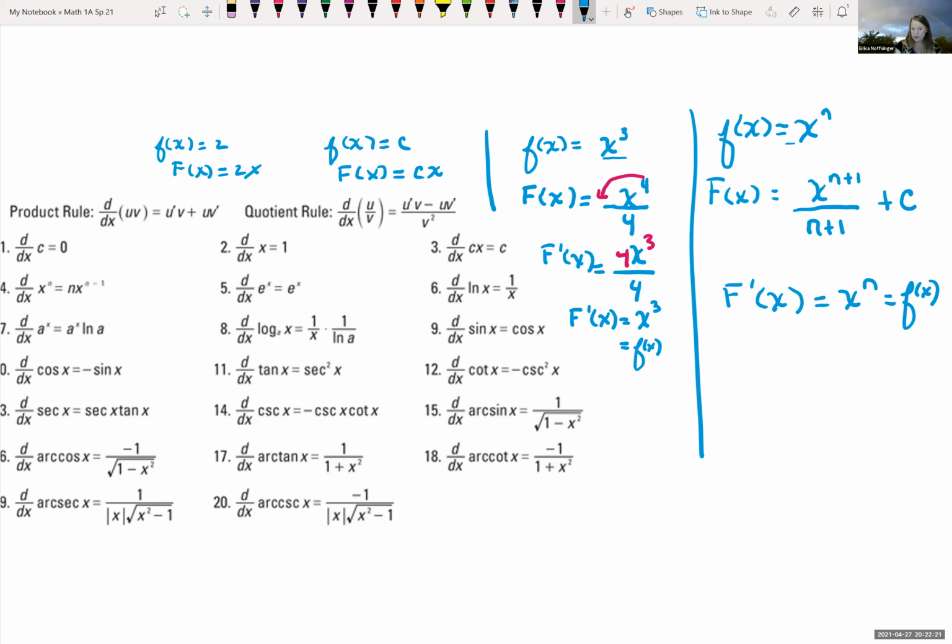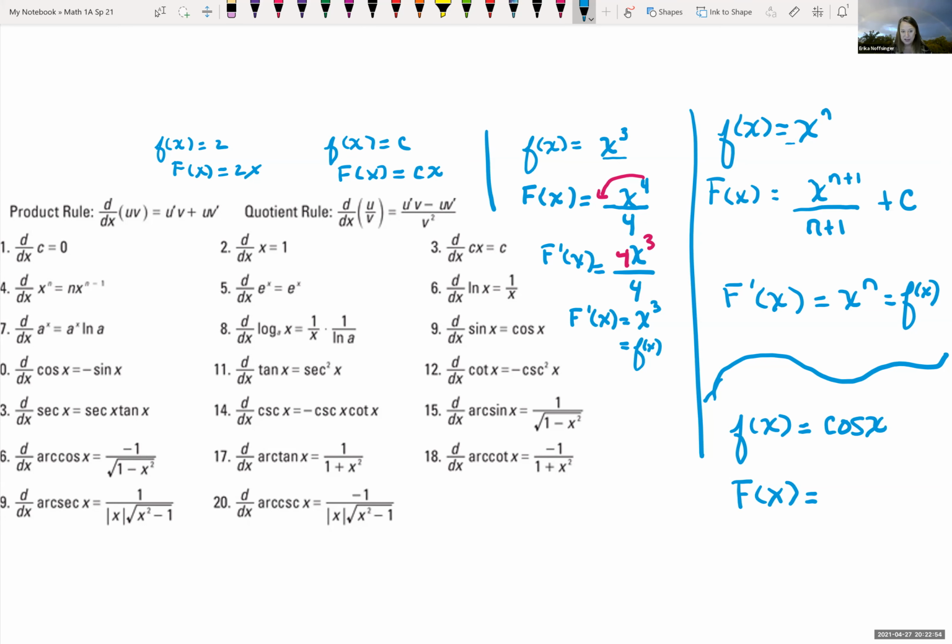Okay, so we're coming up with some rules to help us. Another one is about our trig functions. We just saw sine of x, but what about cosine of x? Remember, when we take the derivative of cosine of x, we get back negative sine x.